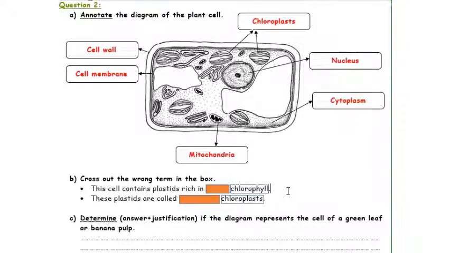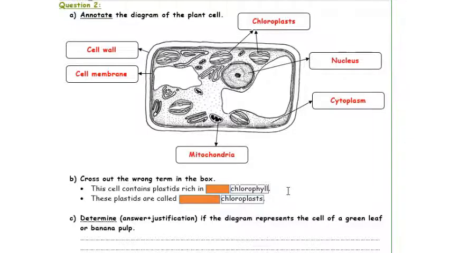Let's see now. According to our answers, we have to determine. That means that we have to answer and then justify our answer. Does the diagram represent the cell of a green leaf or a banana pulp? Let's think of the color of the green leaf, but also of the color of the banana pulp.